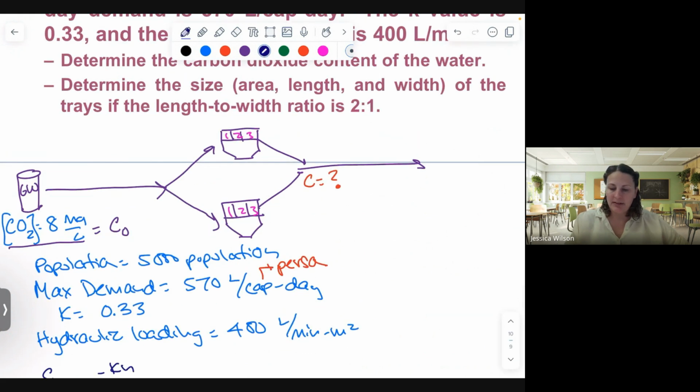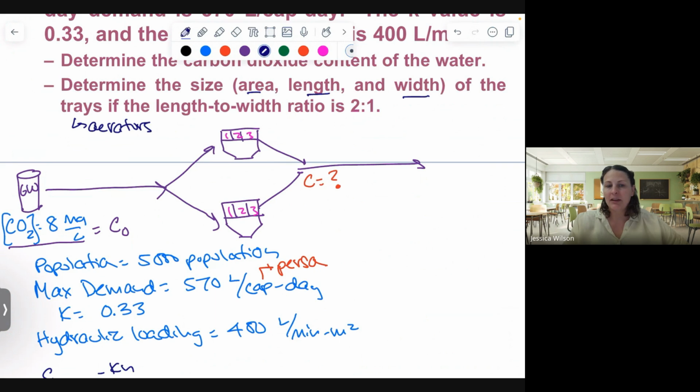Now we need to determine the size of the trays if the length to width ratio is 2 to 1. We want to determine the overall size of the tray aerators. We need to get to the area, the length, and the width.